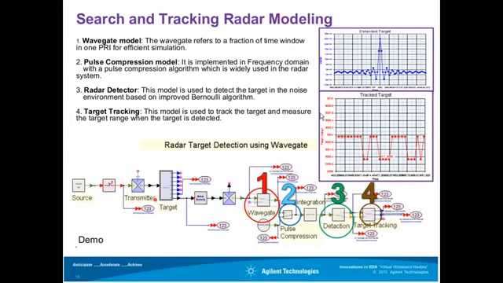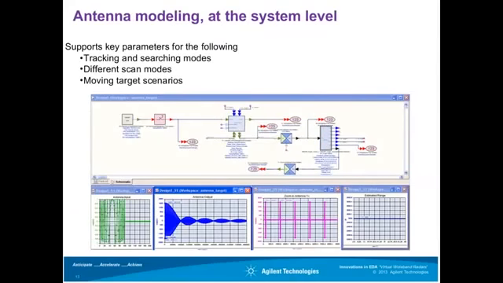We can simply put together a test bench to test radar searching and tracking, just like this. We have more DSP library components, including moving target detection, moving target indicator, and the beamformers, and so forth. I will show you more later.